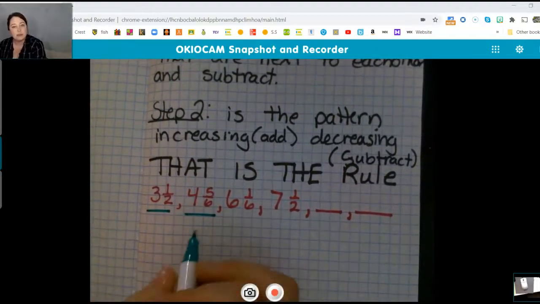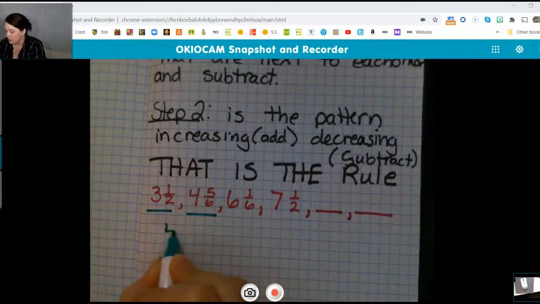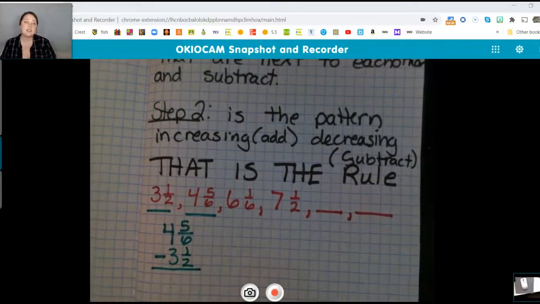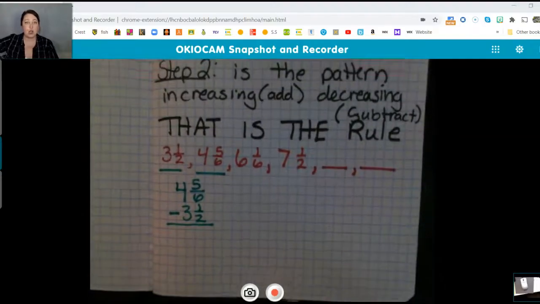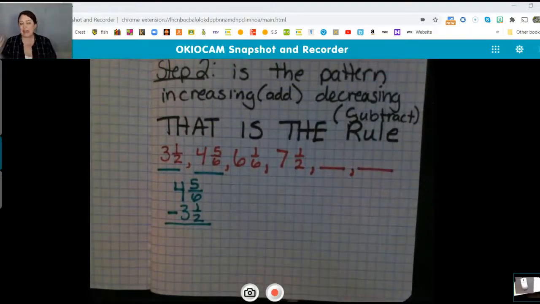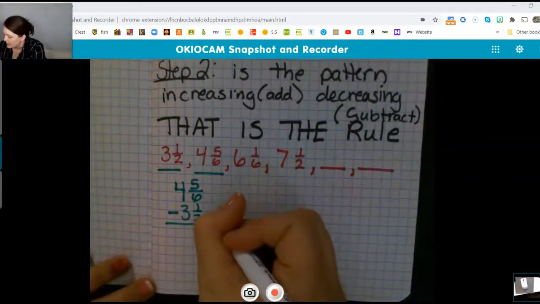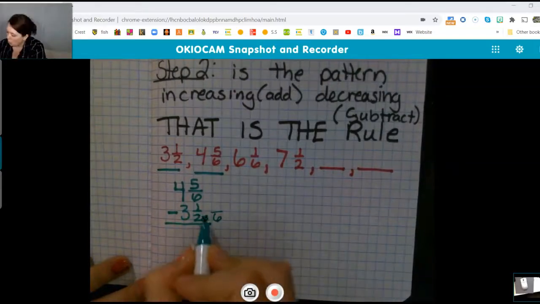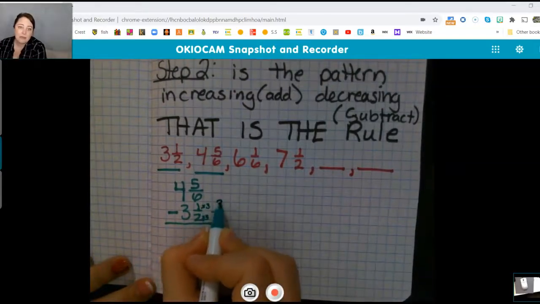And I'm going to subtract them. The bigger number goes on top. 4 5/6 minus 3.5. Whenever subtracting fractions, I have to make a common denominator. With 6 and 2, the least common denominator is 6. 2 times 3 is 6. 1 times 3 is 3.